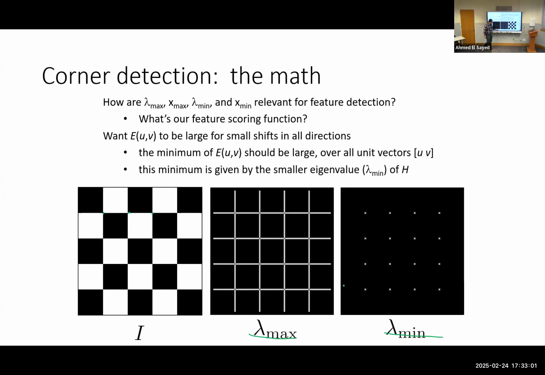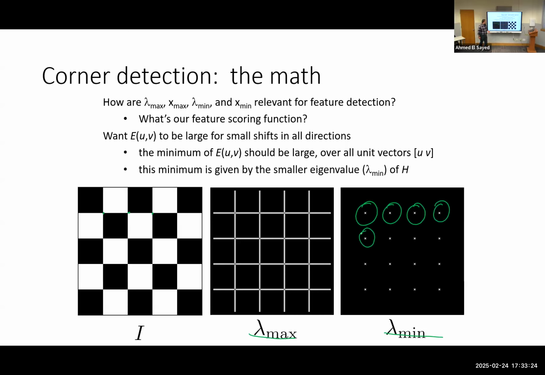Okay? So for this, find the H's, and for each H value or H matrix, find the minimum and the maximum lambdas. Based on that, find the maximum value of those lambda minimum. Congratulations, you found the corner.